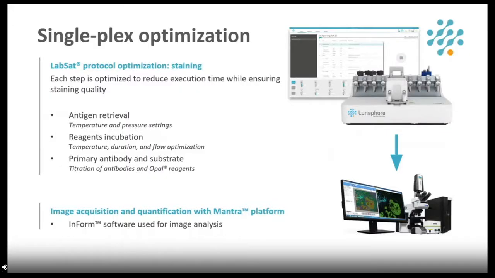The assay was directly developed on LabSat with a goal to ensure high staining quality while keeping a reduced execution time.